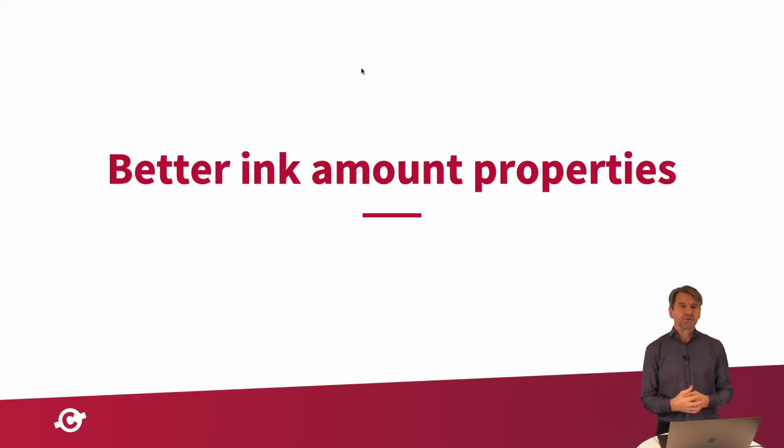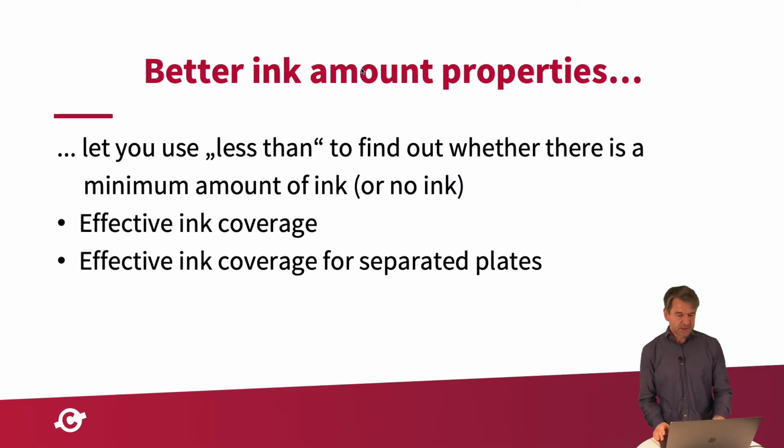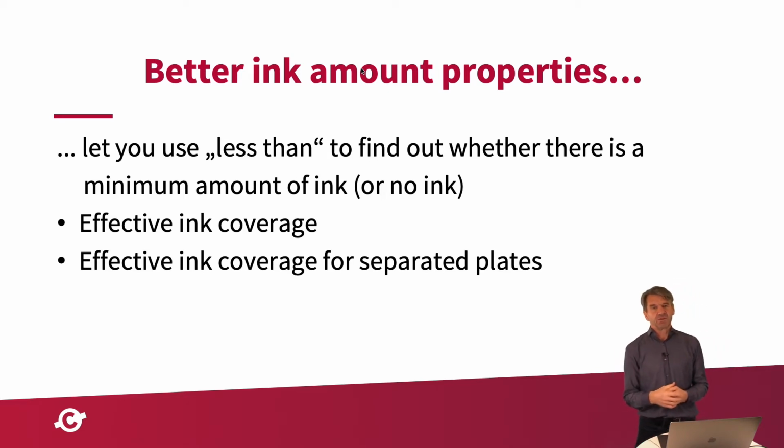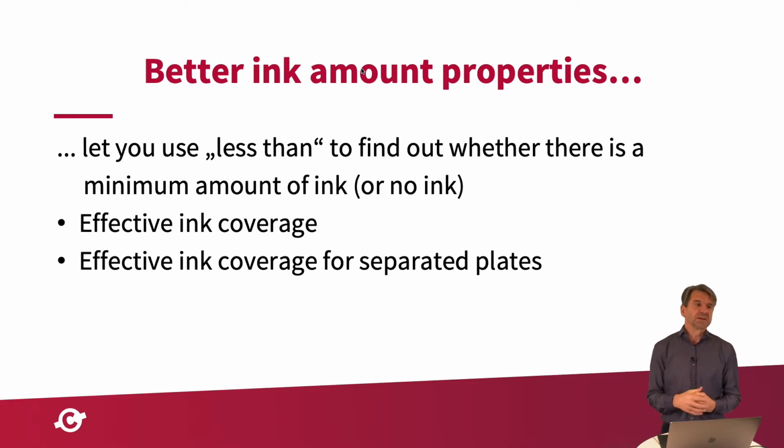I'm now entering the area of checks and properties, because that just belongs to here. The very same feature that we've just seen, below and above a certain threshold, now works in the ink amount properties.